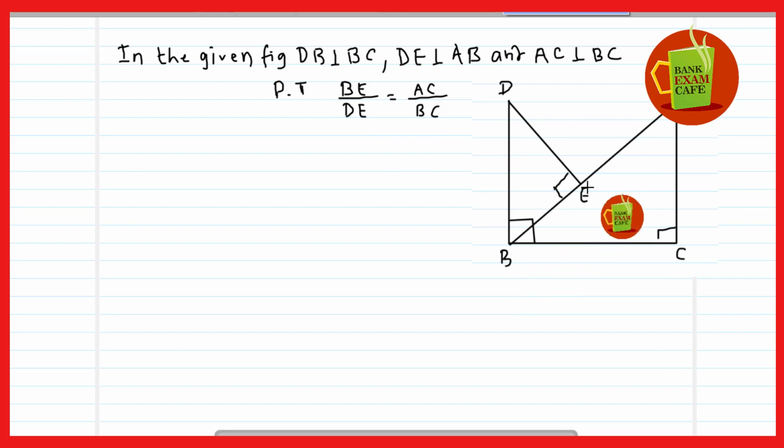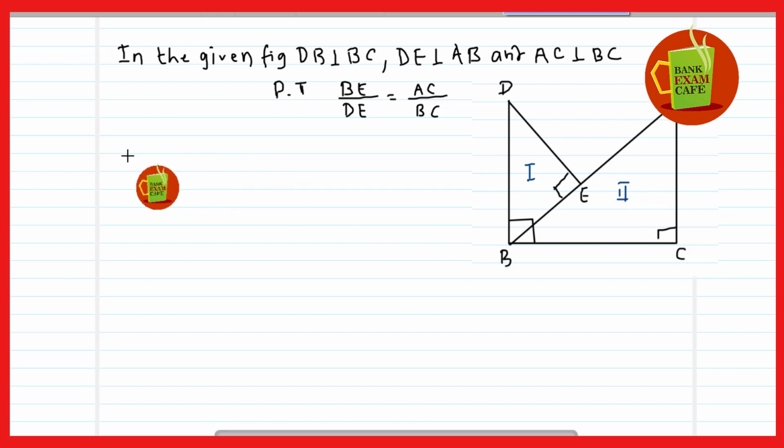BE upon DE is equal to AC upon BC. Now we will take these two triangles, triangle 1 and triangle 2, and we will show these two triangles are similar.